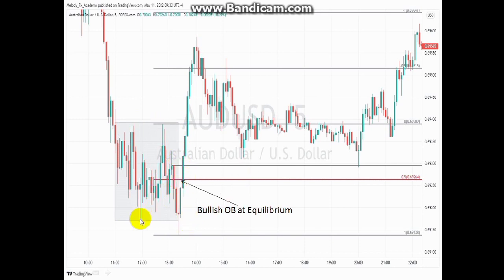Taking this range from this low, although we had a short fake breakout, which we're going to talk about shortly, and measuring the whole range from this low to this high, the equilibrium refers to the midpoint of the Fibonacci retracement. Now we had this expansion, this move away from the equilibrium.